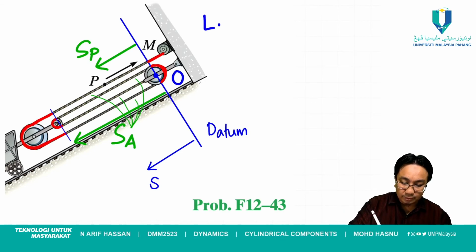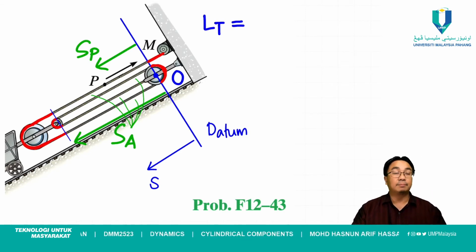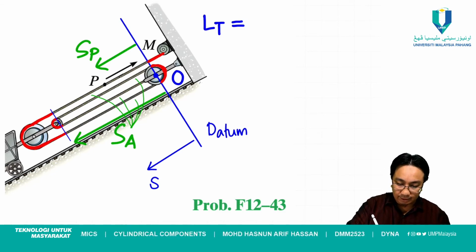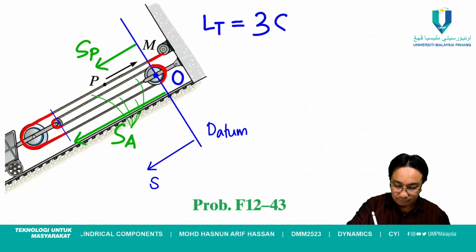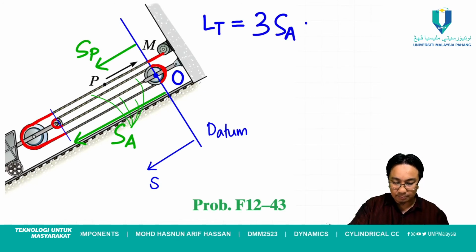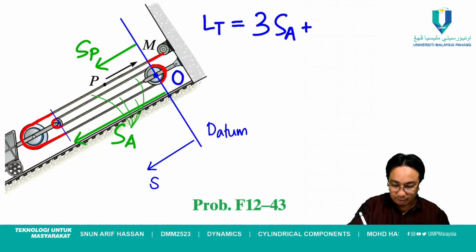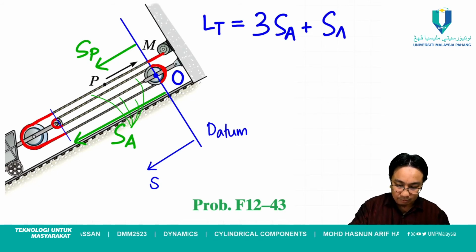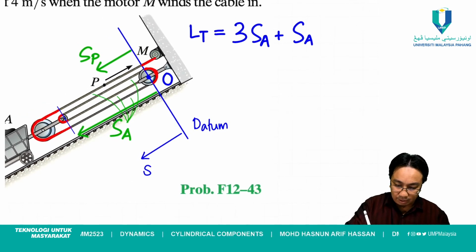LT sama dengan 3 SA plus SP tolak SA. SA tolak SP.